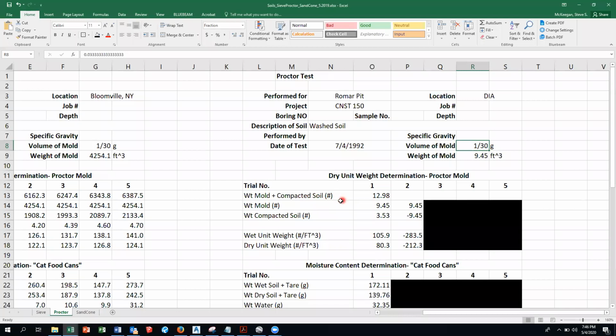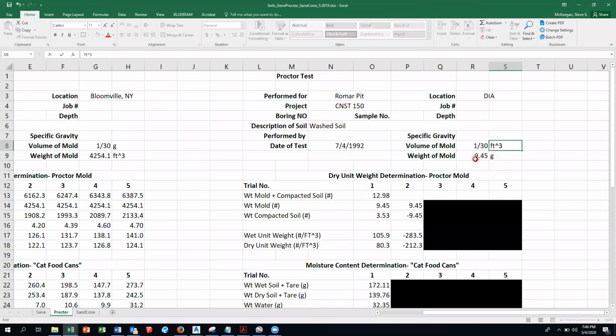Now, so what he's doing is he's going to enter data in a data sheet. The mold is weighed. It's 1/30th. Okay, so the volume of the mold is 1/30th of a cubic foot.